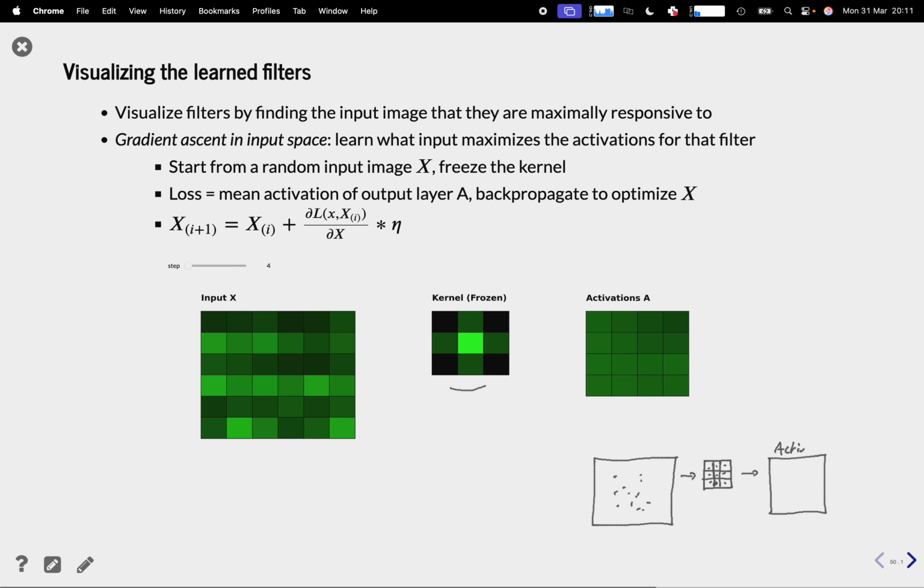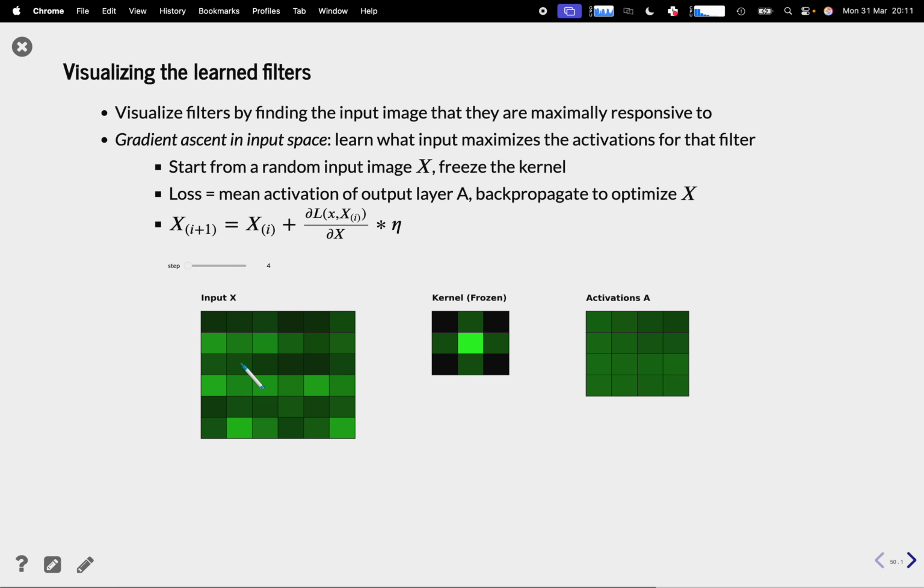So if an input image would have patterns like vertical lines that the filter responds to, then activation will be high, right? And in the same way, if we have things like horizontal lines in the image and the filter responds to that, and activation will be high, then that means that the filter is responding to horizontal lines in the image, right? And so we can actually learn this. And so we try to visualize this here.